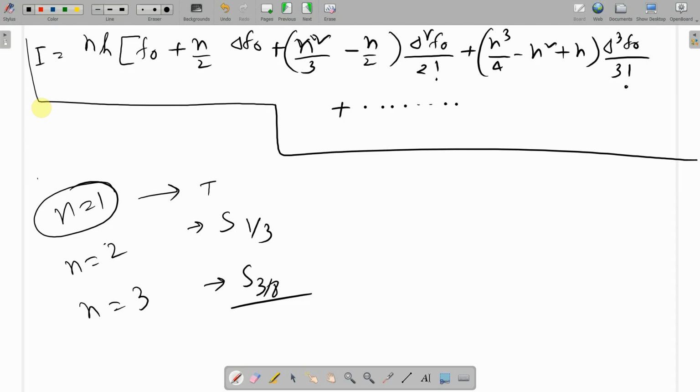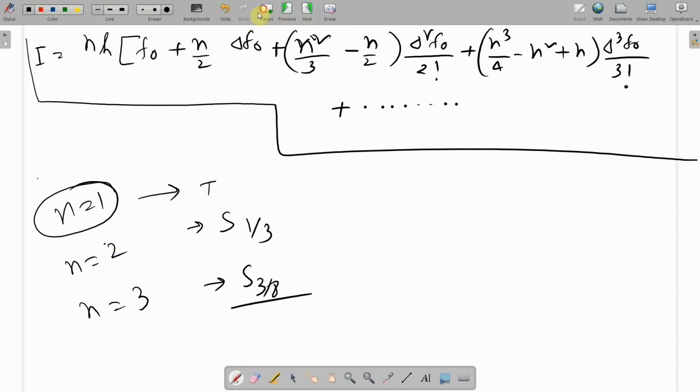Now what I will do, I will discuss. Did you write this down, class? Okay. So what I'll do, I will discuss this trapezoidal rule. I'll be deriving the formula required for the trapezoidal rule from this Newton Cotes formula.